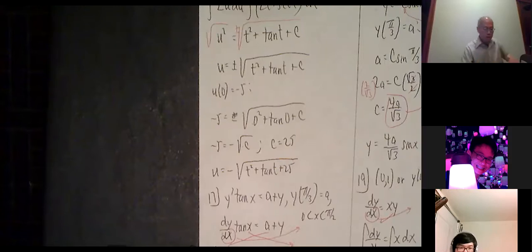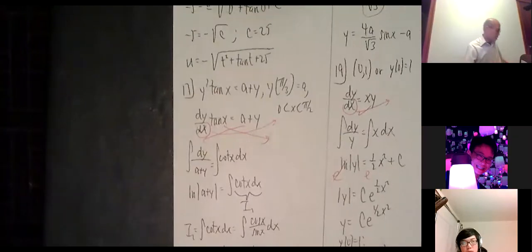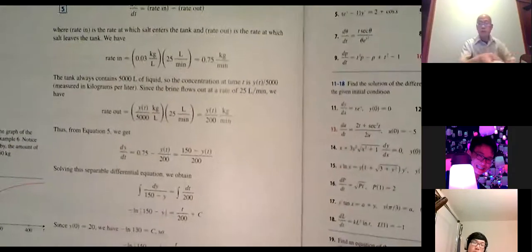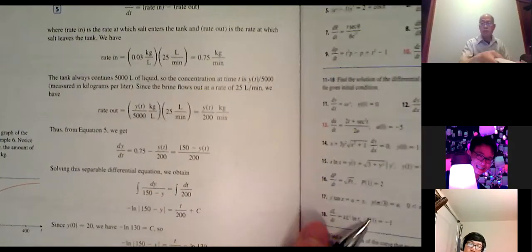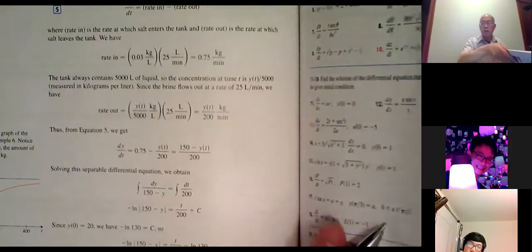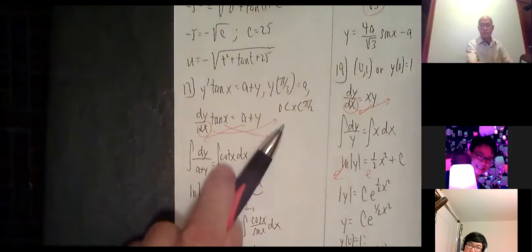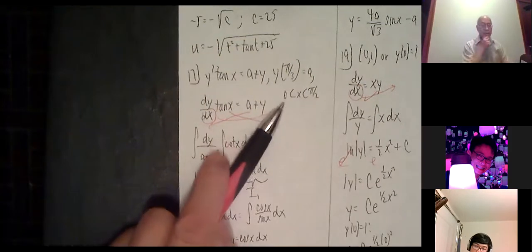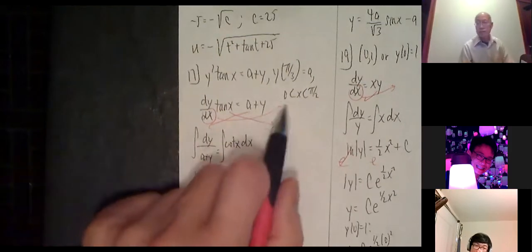And let's see, what else did I want to do? 17 doesn't match, I think. 17, y prime tan x equals a plus y, y of pi over 3 equals a, and we're between 0 and pi over 2. We don't really need this.